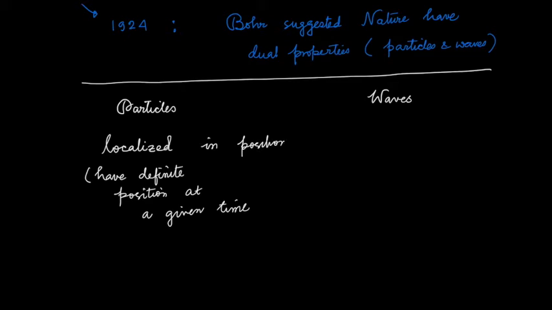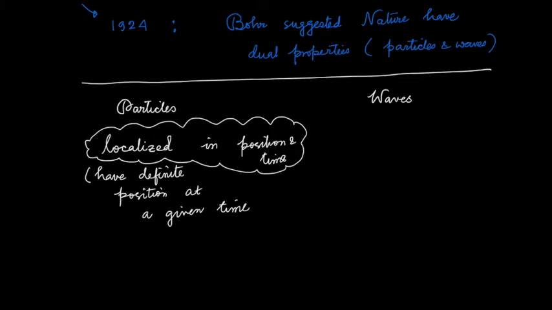So it's localized in both position and time. That is what we mean by a particle. Usually it is considered as a point-like object which has a definite position at every time. And how much it changes its position in a given unit of time, we call velocity, etc.